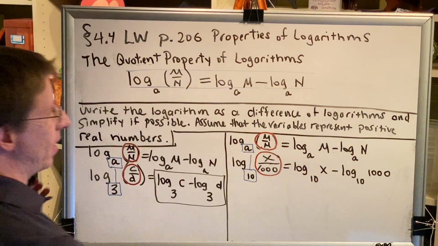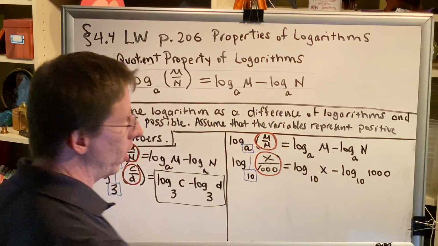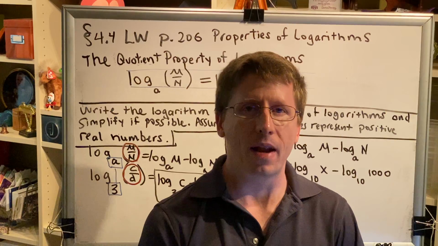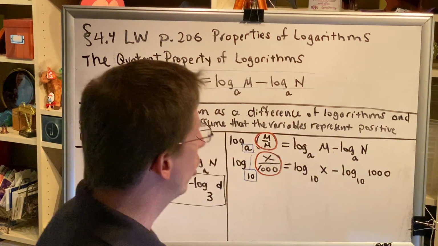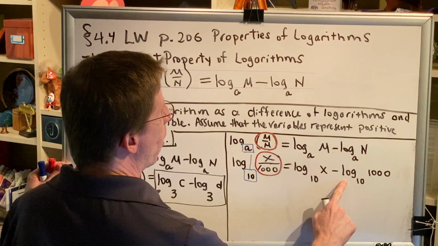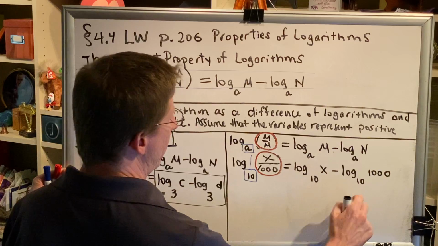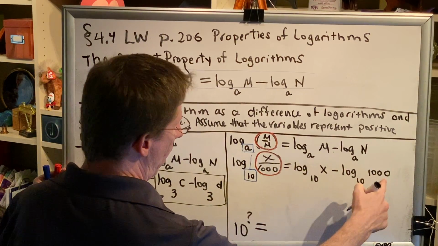Now, we notice that in this second logarithm, I have a number for both the base and the argument. Whenever there is a number for both the base and the argument, you must stop and ask yourself, can I rewrite that in a simpler form? Log is the same as EGOB. Exponent goes on base. So what is the exponent that goes on base 10 to make 1,000?